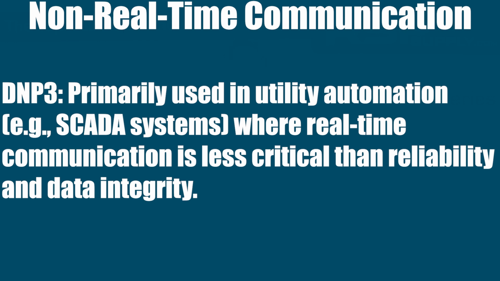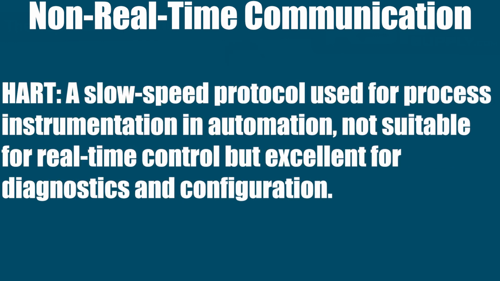DNP3 is also non-deterministic. It's primarily used in utility automation like SCADA systems, where real-time communication is less critical than reliability and data integrity being a higher priority. HART is a slower speed protocol that's used for process instrumentation. In automation, it's not suitable for real-time control, but it is excellent for diagnostics and configuration.